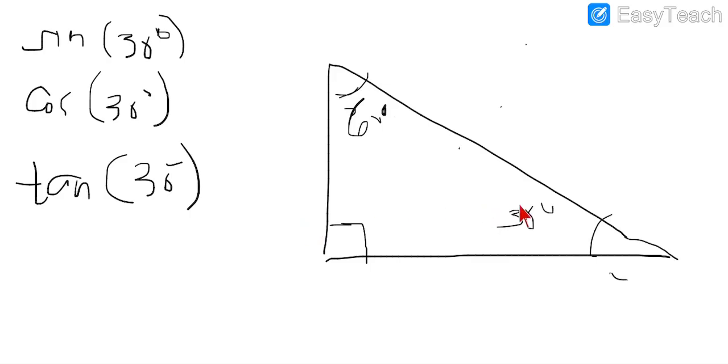Now the side across 60 degrees is square root of 3. The side across the 30 degrees is 1, and the side across the 90 degrees, across the right angle, is 2. Now let's get the corresponding ratios of the sine of 30 degrees, cosine of 30 degrees, and tangent of 30 degrees.